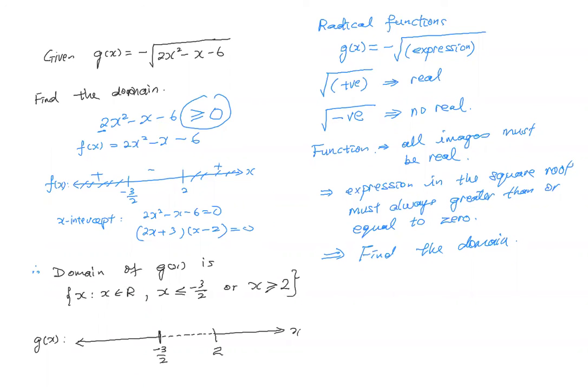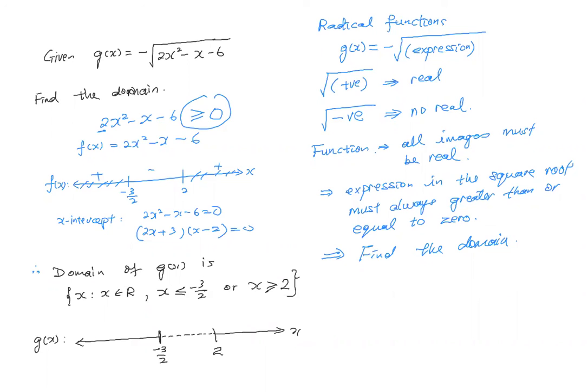Why do I have to put a dotted line between negative 3/2 and 2? Who can tell me why I must put a dotted line? Nicholas? Because in between negative 3/2 and 2, y will be 0.